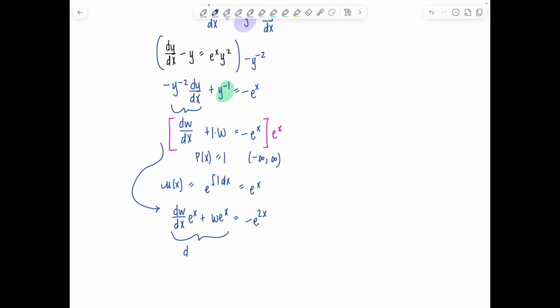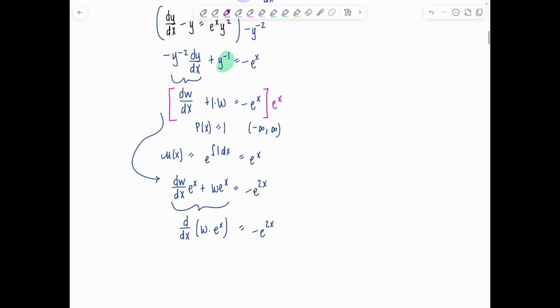So this first term should be the derivative with respect to x of w times my integrating factor. Is it? Let's check. Derivative of w, dw/dx, leave e to the x alone. We're doing product rule, plus, leave w alone, and then derivative of e to the x is e to the x. Perfect. Integrate with respect to x on both sides.